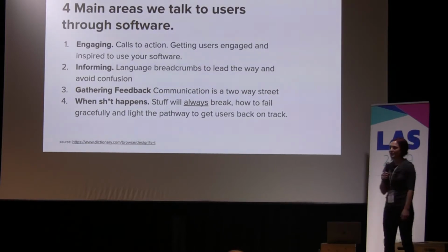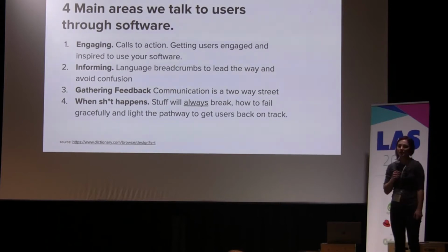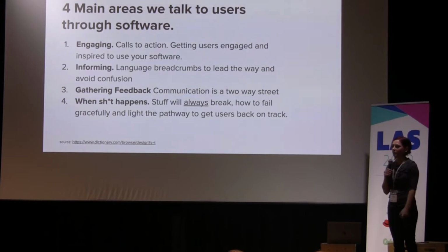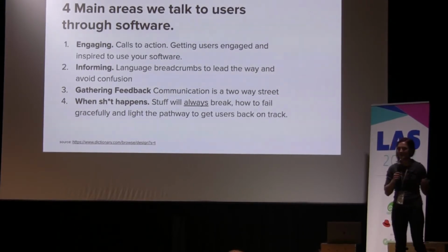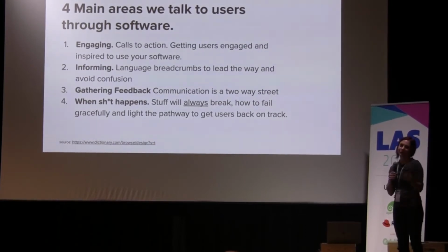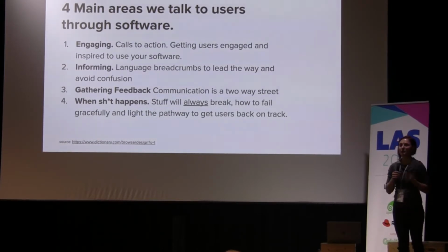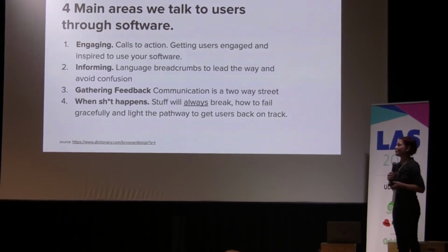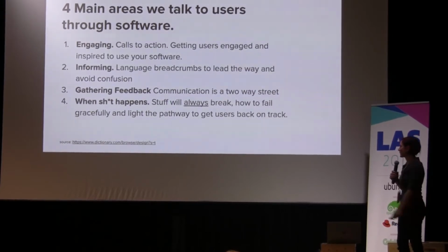Another important one that I think is always challenging and often overlooked is how do we gather feedback from the user? Communication, as we know, at its best is a two-way street. And without that feedback from the user, it's just one-way communication. So I think this is always a really important thing to think about when we're building software experiences.